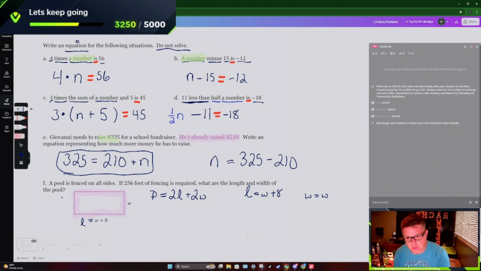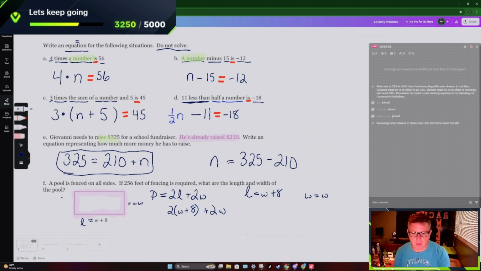So when I see 2L, what I really am seeing is 2(W plus 8). And when I say 2W, well, I know W equals W. But if it did equal something else like 3W, we would put 3W next to that. So you do kind of have to pay attention to what the W is. But in this case, it's just itself.